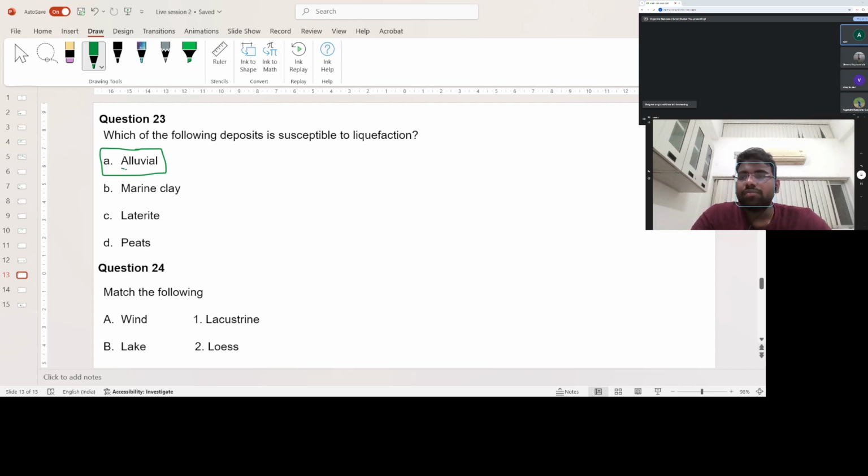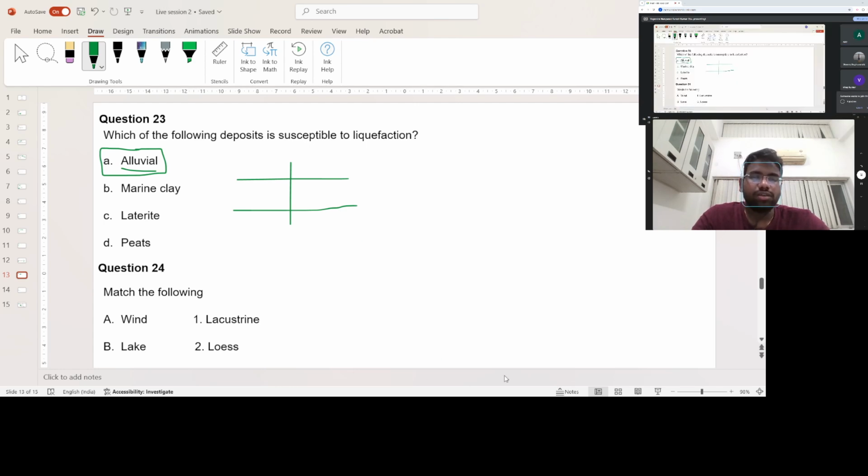So for alluvial deposits, if you take a particular cross section of a region, apart from the flooding period, mostly the river deposits are fairly uniform, which results in a fairly uniform size of the grains.